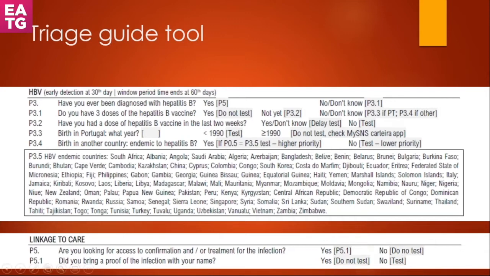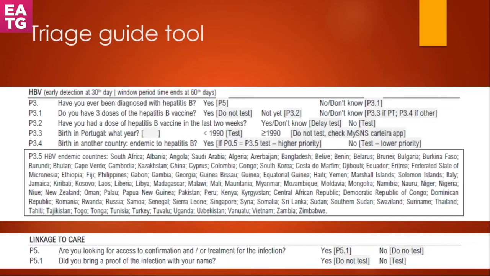The National Health Service also has an app that allows people to download their vaccine registry, and we sometimes help them, if they are unsure of their vaccination status, to download the app, and we can see if they have 3 shots of the vaccine or not.